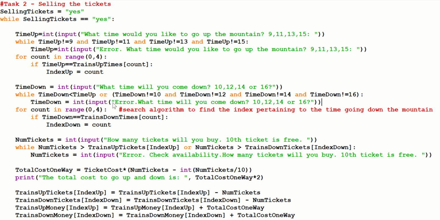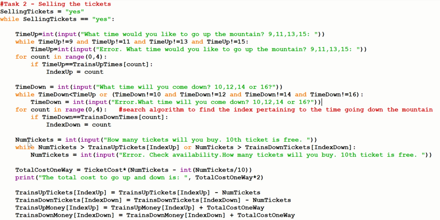No, it's not 12, then it will go to 14. No, sorry, 14 would be position 0, 1, 2. 14 would be position 2, so when count is 2, yes, 14 equals change down times position 2, then this would continue to the next one. Index down equals count, so 2 equals index down.